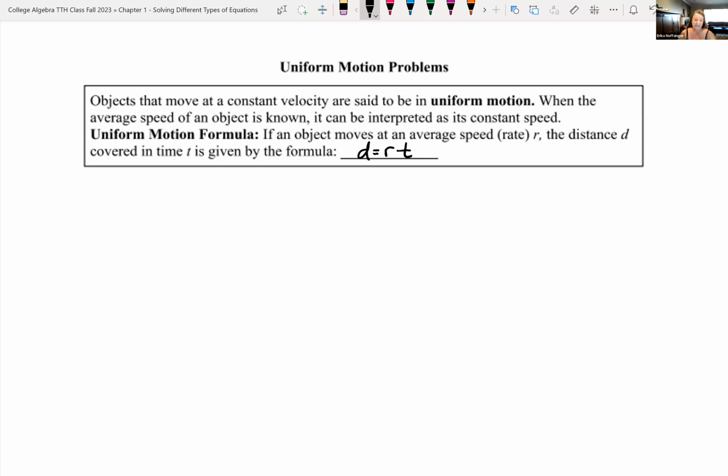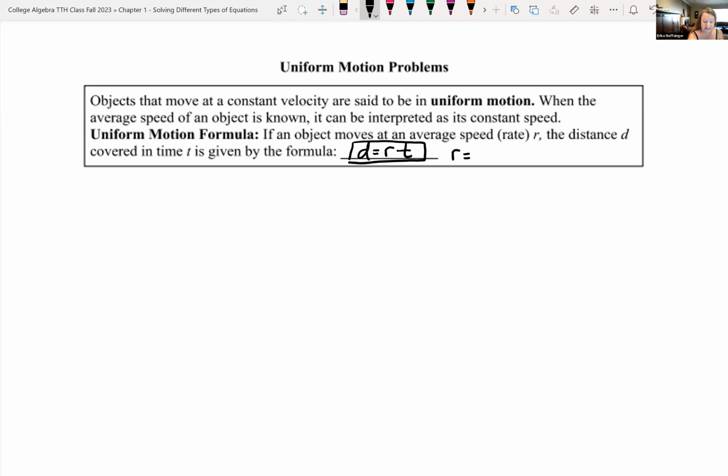So when we're looking at these types of problems, sometimes we might want to find the rate or the speed that you're going. And so we can use this formula to figure out time or rate. So if we wanted to find out the rate you were going and you were given distance and time, we could divide both sides of this equation by t.